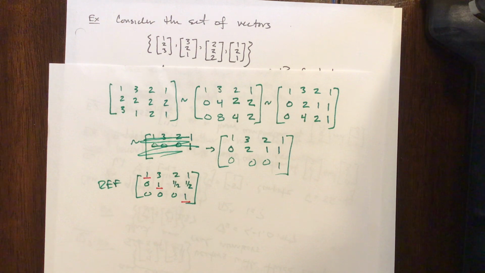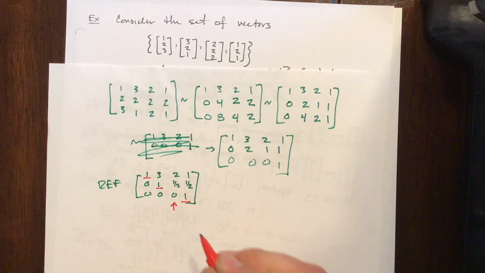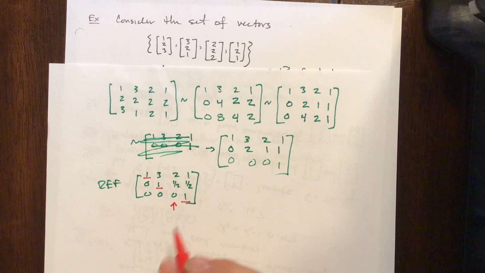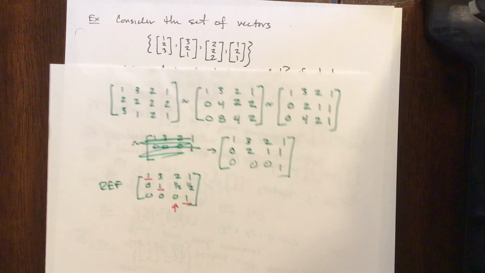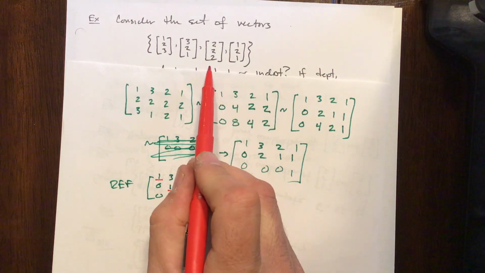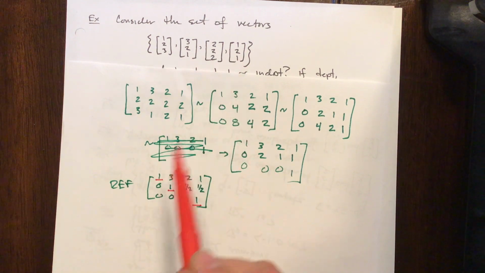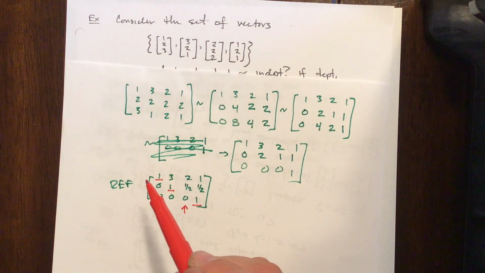So, what can we conclude about this list of vectors? Well, first off, there's not a pivot in column 3. Because there's not a pivot in column 3, that means that this vector right here, (2, 2, 2), is a combination of the other 3.